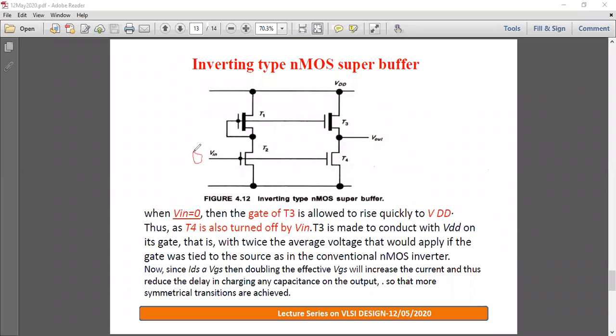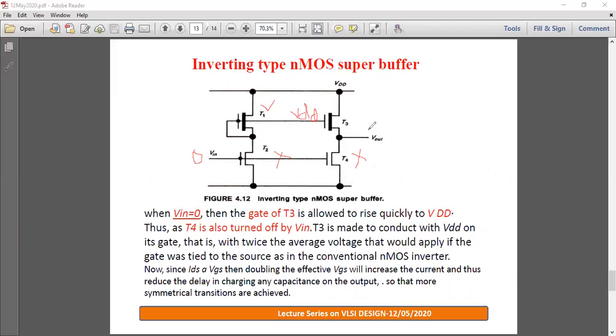When Vin is 0, both T2 and T4 are off. Depletion device T1 is on. Since T1 is on, the first stage output will be VDD. So VDD is fed as input to T3 device. So this depletion device turns on at 0, but now the available voltage at gate of T3 is VDD, which is greater than 0, which is almost twice the average voltage required.